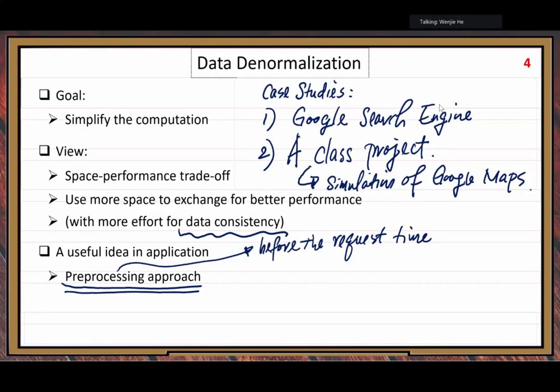The response time is very fast. When you move your mouse cursor, immediately the new map data is loaded. So in our class we can only do simulation. It's a small class project, but we do a simulation of Google Maps.